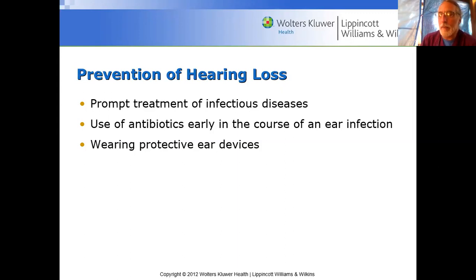And the last piece to prevent the most common types of hearing loss is using ear protection.